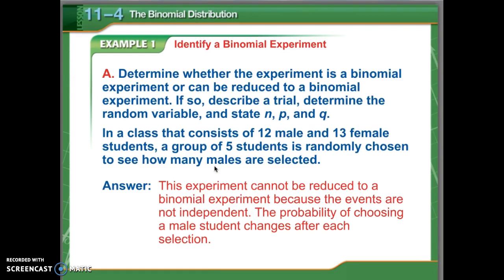But once you pick one of the males, there's only 11 left, and there's only 24 people left. And 11 out of 24 is not equal to 12 out of 25. So the probability changes every time you pick a person. And because of that, this is not a binomial situation, even though there were only two possible outcomes for what you are picking.